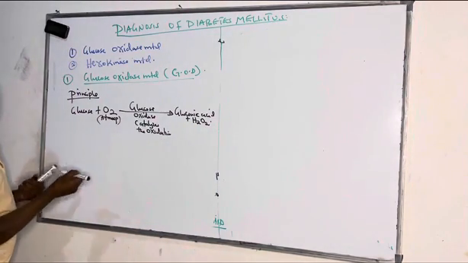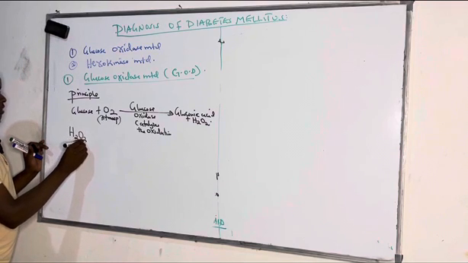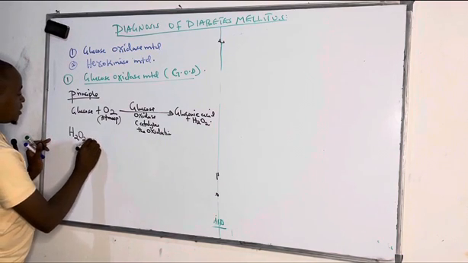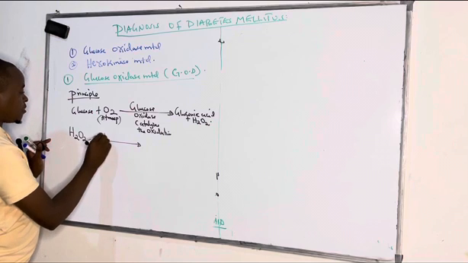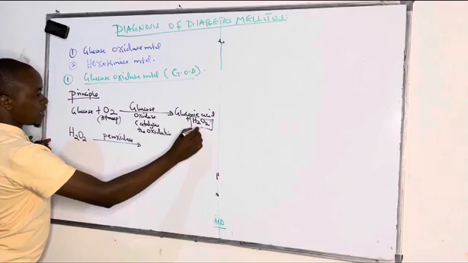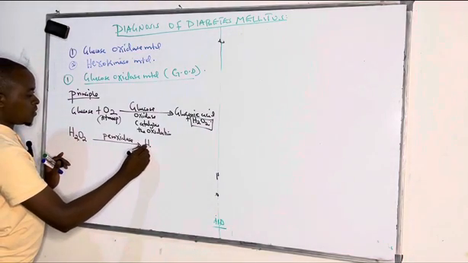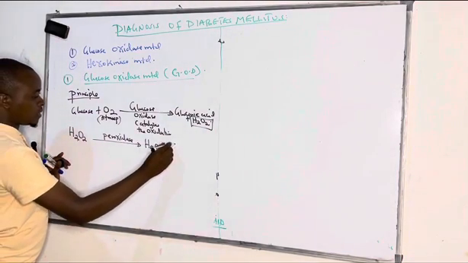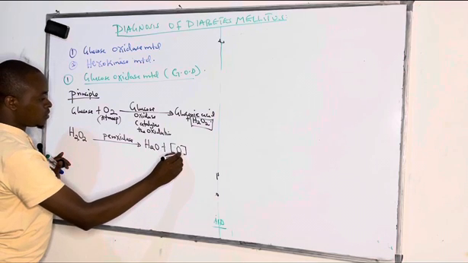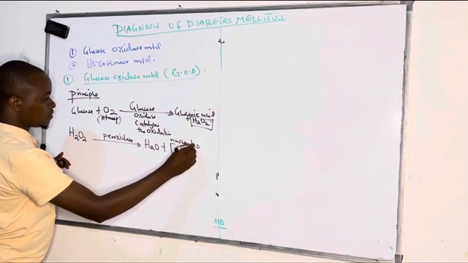And this hydrogen peroxide, which is formed during the oxidation reaction, is converted by peroxidase. So we see the peroxidase enzyme catalyzing the conversion of this hydrogen peroxide to water and nascent oxygen. This is called nascent oxygen.